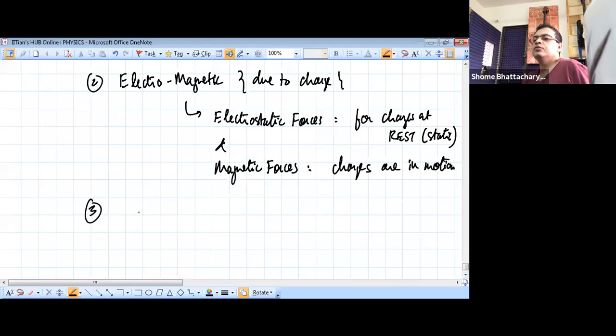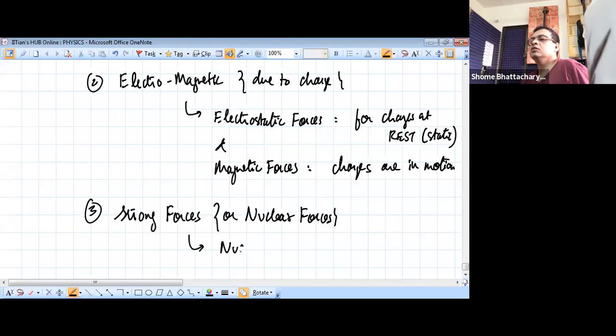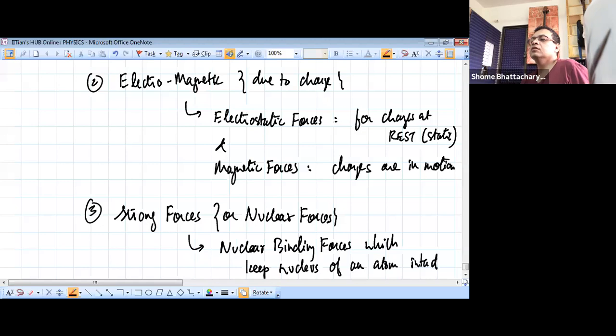Then the third type of force is the strong forces, or these are also called nuclear forces. So these are the nuclear binding forces which keep the nucleus of an atom intact. Okay.